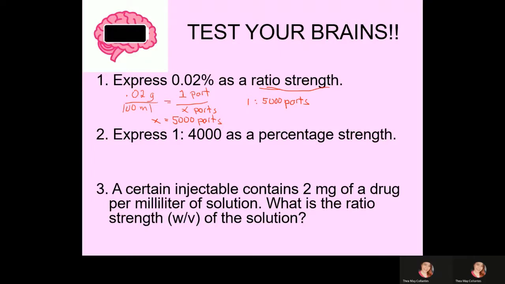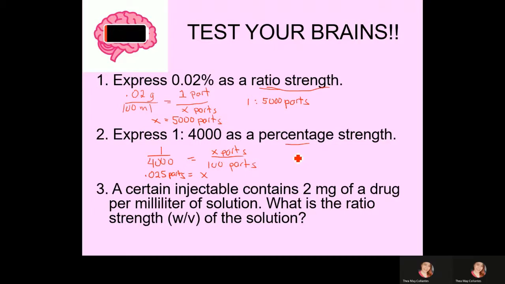So recheck. Check it on my calculator, guys. So next, we have number 2, express 1 is to 4,000 as a percentage strength. Again, 1 over 4,000 because we want a percentage. Again, just relate it to 100 parts in here. And then this part will just be X. So 100 divided by 4,000, your X would be 0.025 parts.